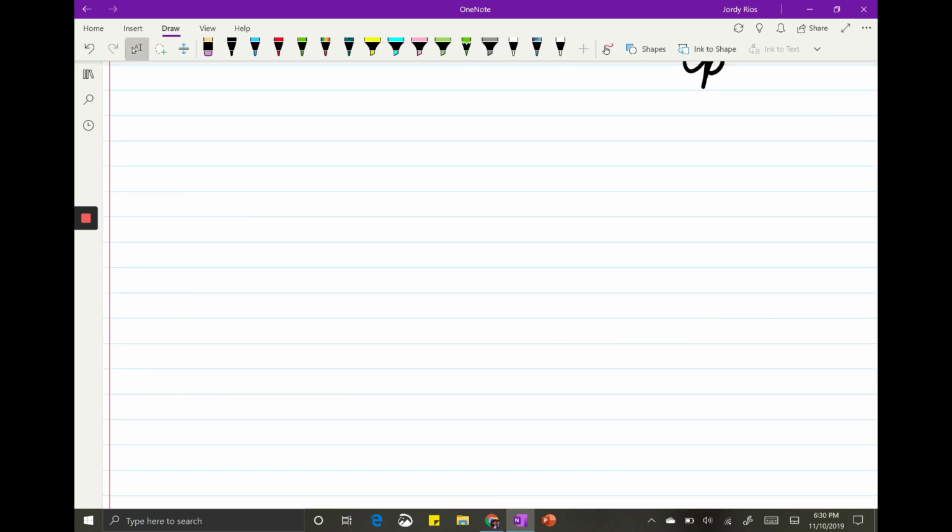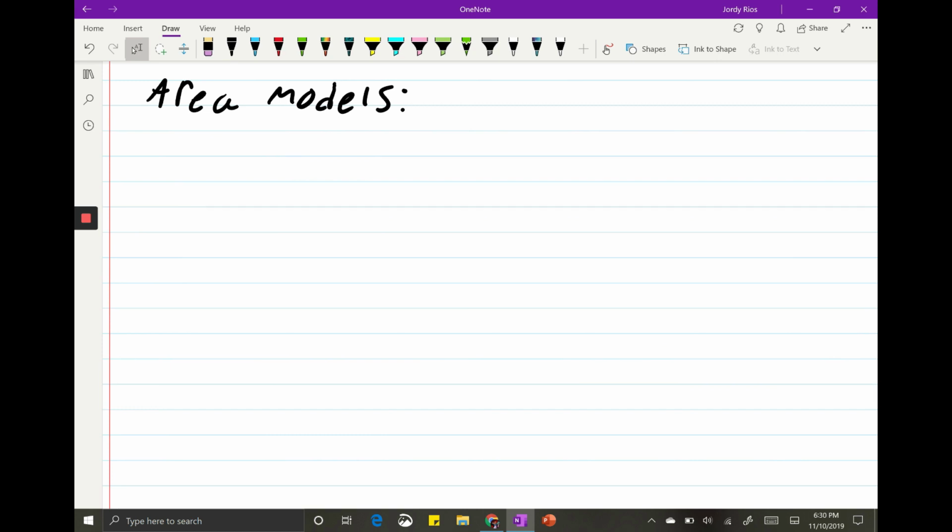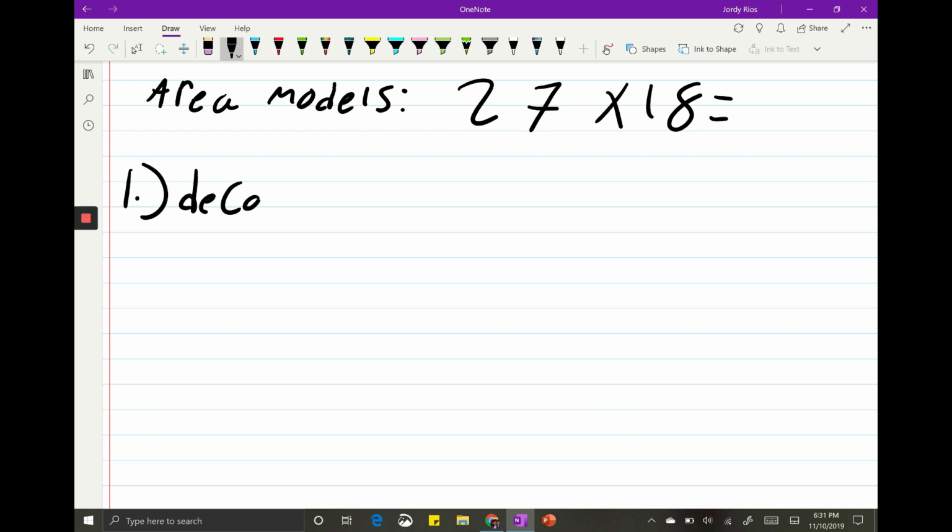For area models, I'm just going to use the same numbers so that we don't get confused, okay? My first thing is to decompose the numbers.